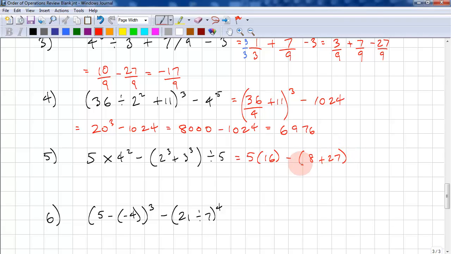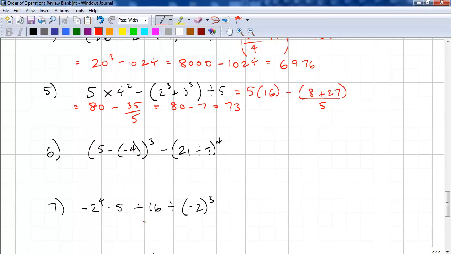And we have divided by 5, so let's write it like this. 5 times 16 is 80. And 8 plus 27 is 35. So this is 80 minus 7, and our answer is 73.